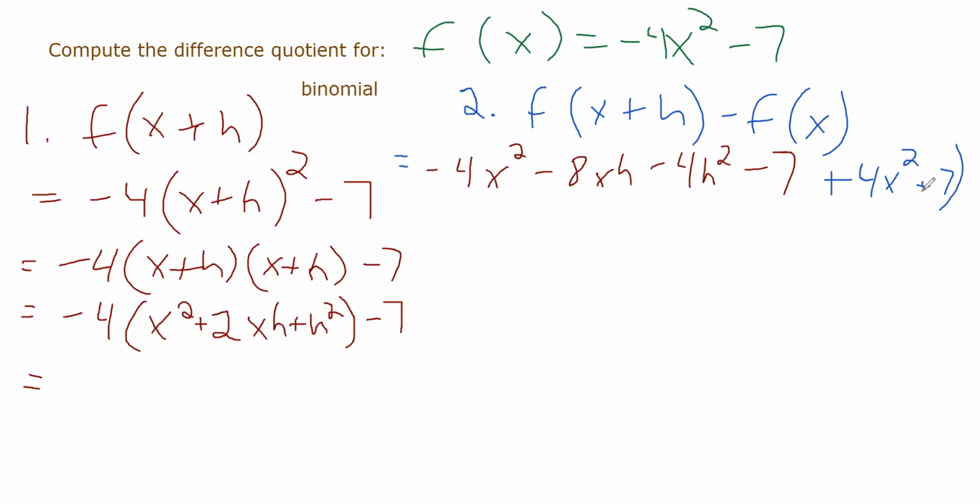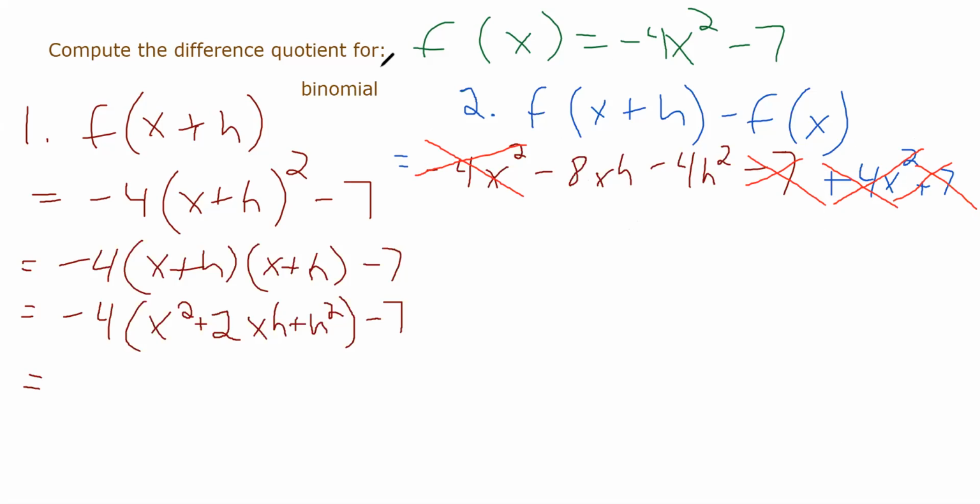Instead of minus 7, it'll become plus 7 once we do the distributing. Well, all right then, Pilgrim. That's good news because we have negative 4x squared over here, but positive 4x squared over here. And here's that cancellation. It's usually going to happen if your function is relatively simple, but you can compute the difference quotient for anything. Plus 7 minus 7s cancel out.